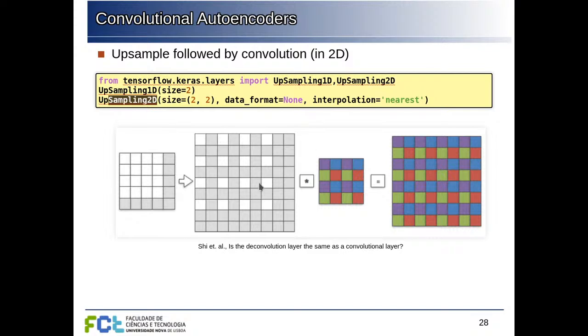So instead of padding with 0, we pad with copies of the closest values. And then we apply a convolution, and this convolution layer will learn how to focus the higher resolution tensor a bit better.